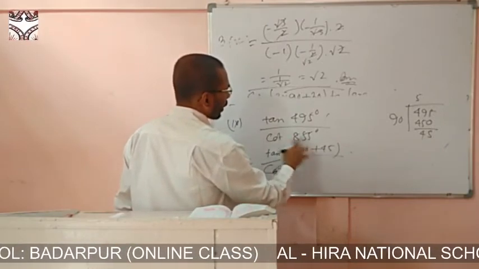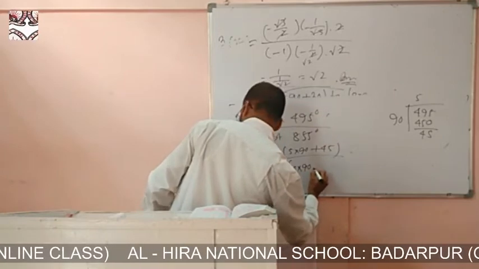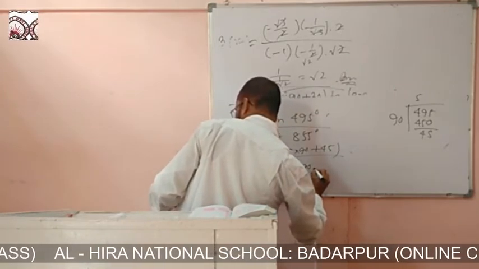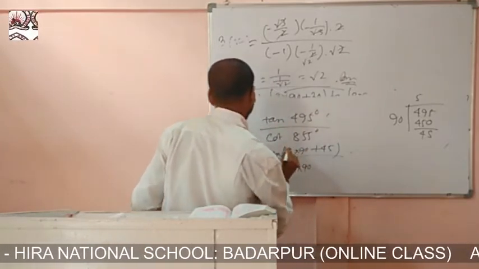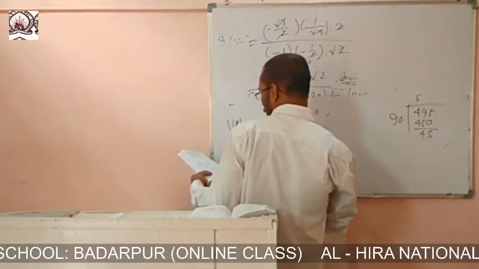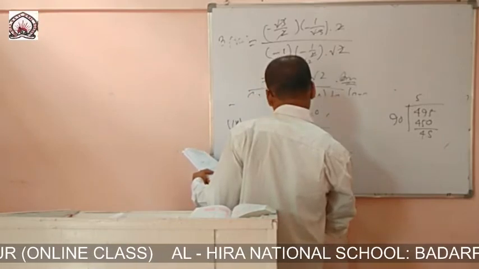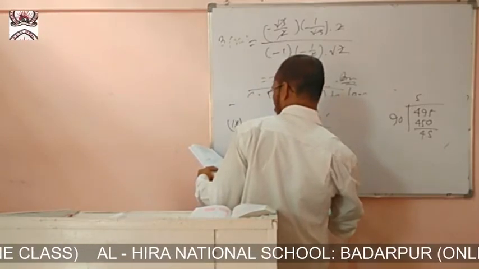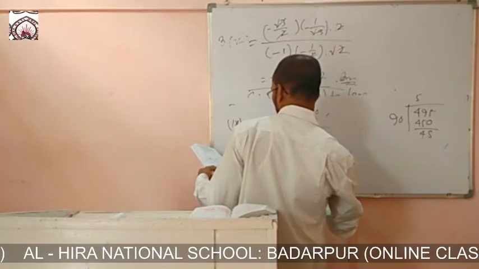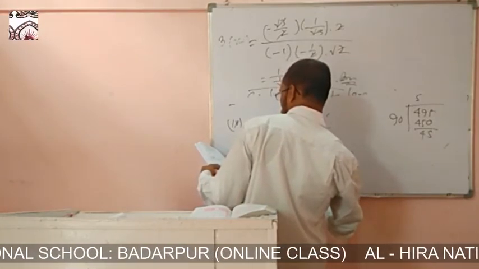So 10 into 90 is 900, and 900 minus 45, so this is 10 into 90 minus 45.